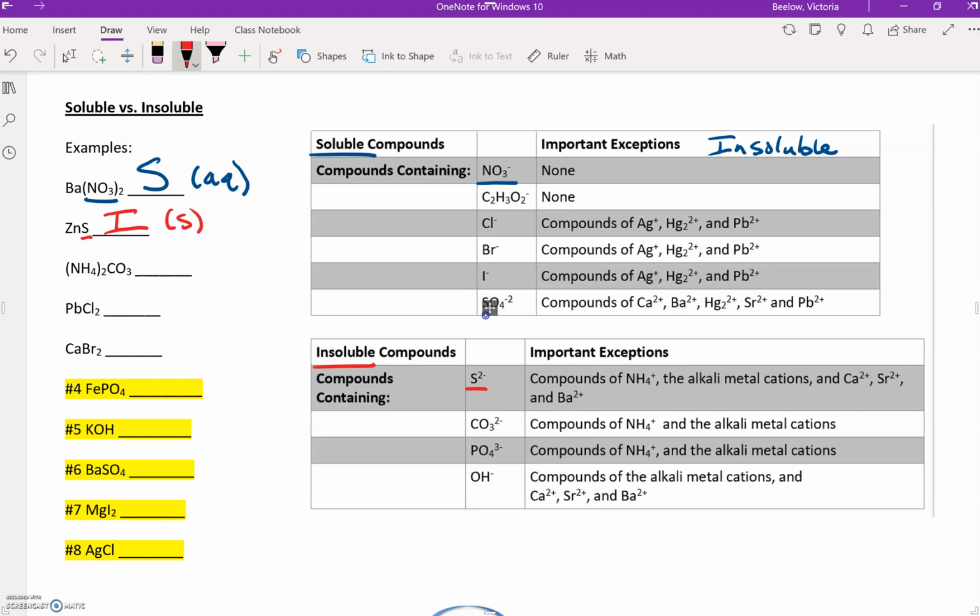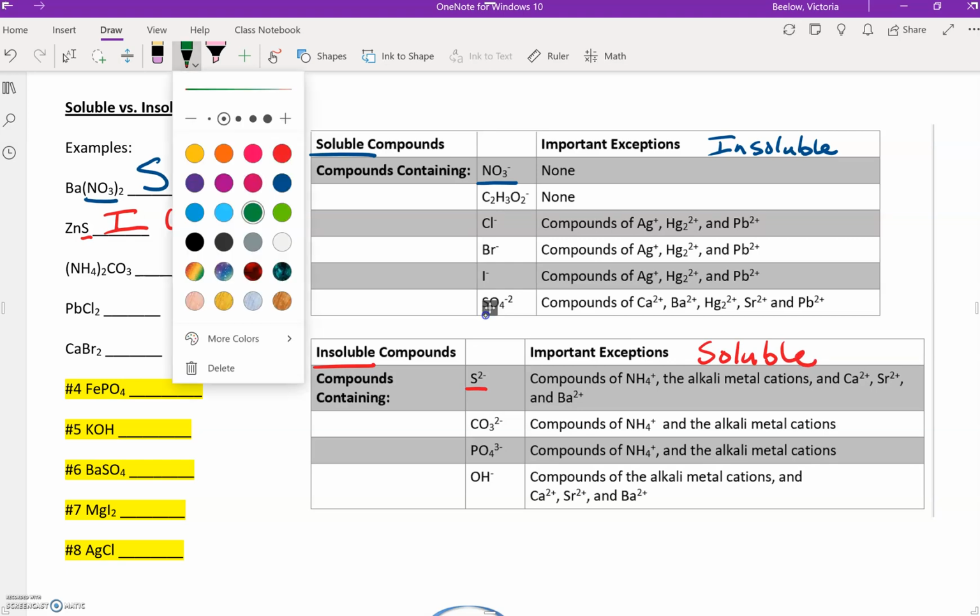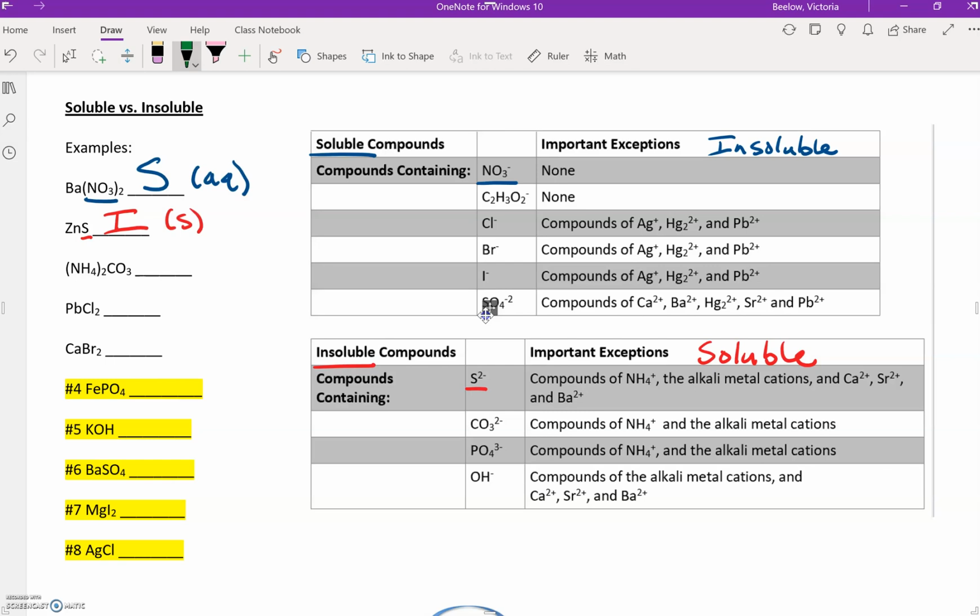And again, if it does have any exceptions with it, then they would be soluble. So let's do one that has an exception. So I have CO3, and I can see CO3 here, and I notice that the CO3 is with NH4, and NH4 is listed as one of the exceptions. So therefore, this compound would be soluble, and it would be aqueous.